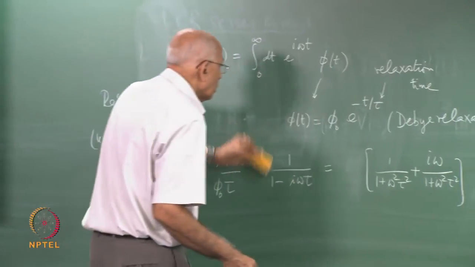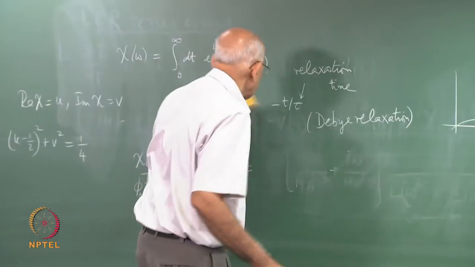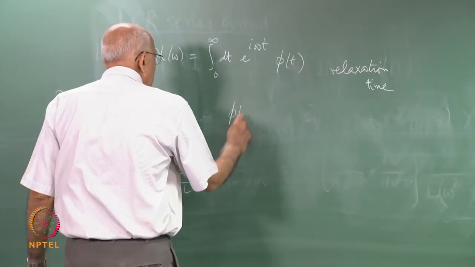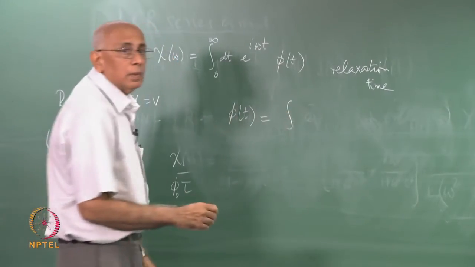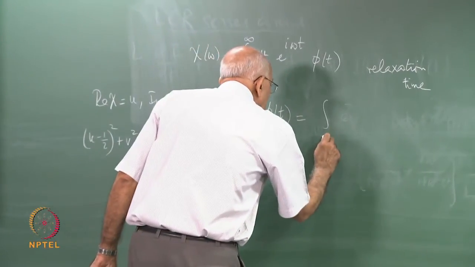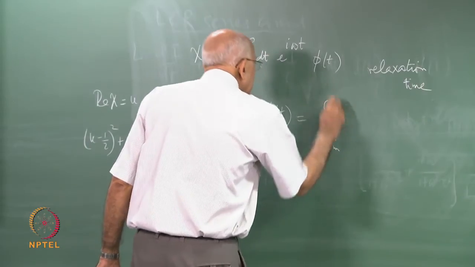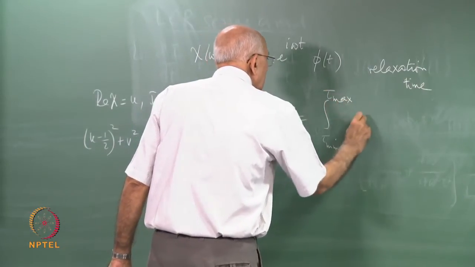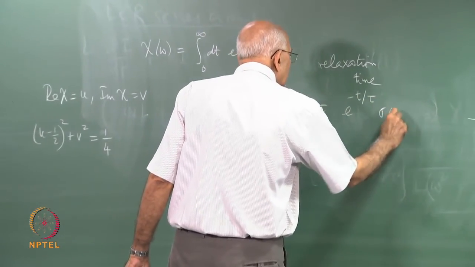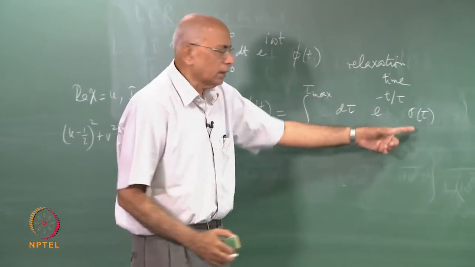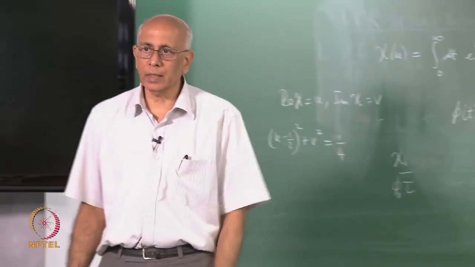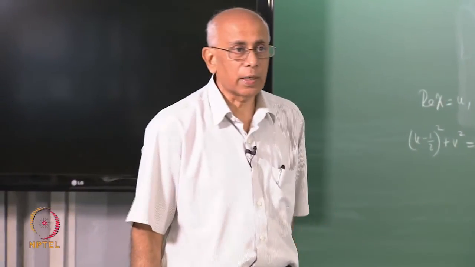For example, suppose it turned out that phi of t was equal to an integral between some lower and upper cutoff, so let us call this tau min, tau max, and then a whole spectrum d tau e to the minus t over tau with some spectral function sigma of tau, some weight factor out here, and then a whole lot of superposition of relaxation times, continuous superposition in this case.